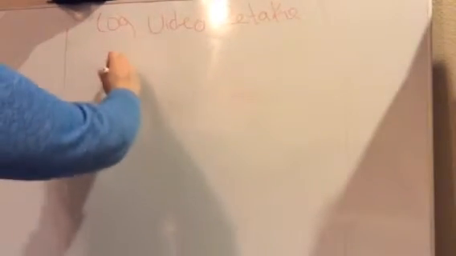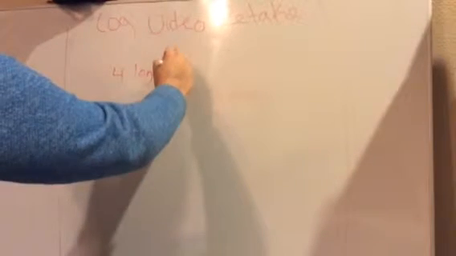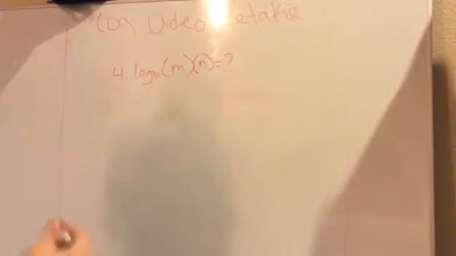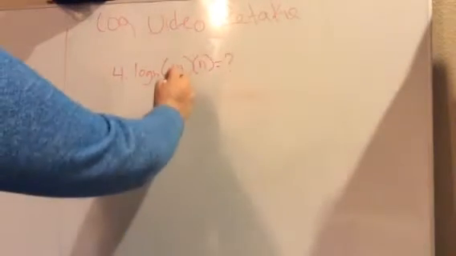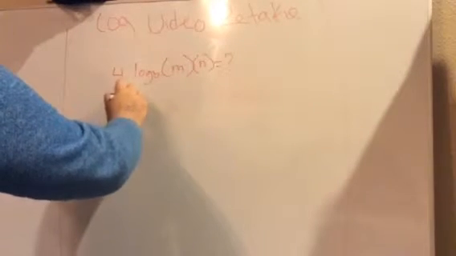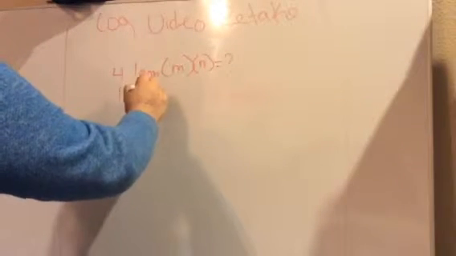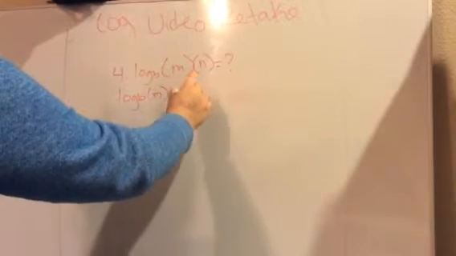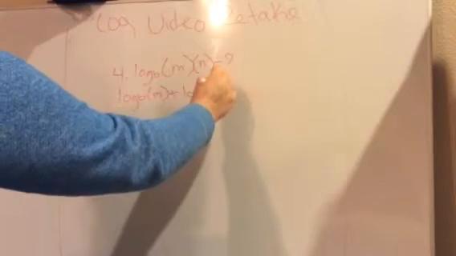So 4 is log base b of m times n equals what? So for this one, we want to separate m from n. So you would have to do log b m plus log b n.